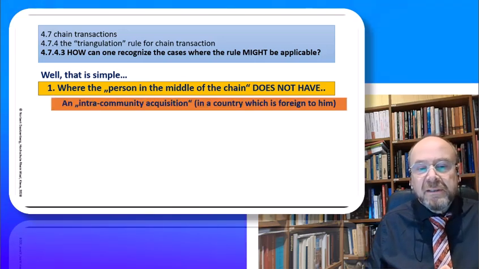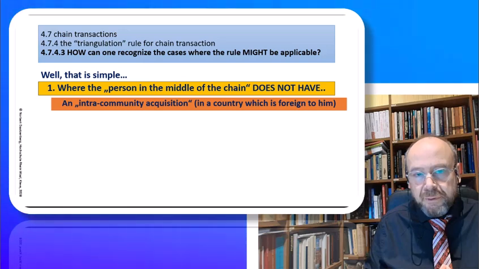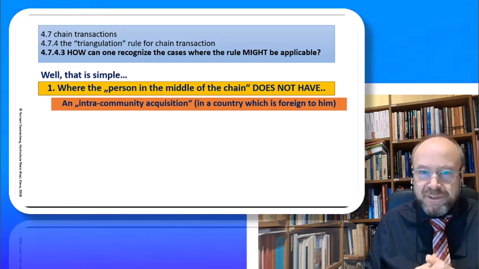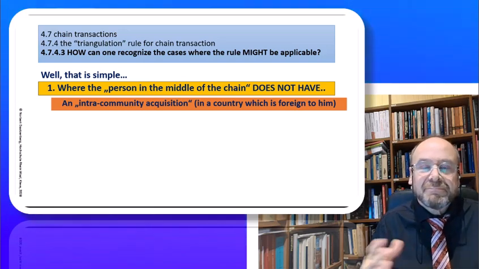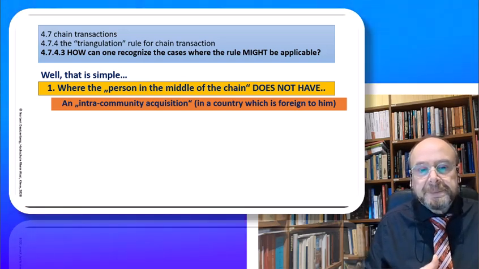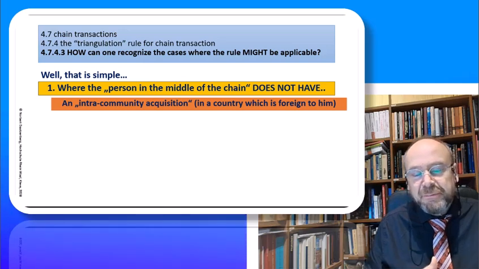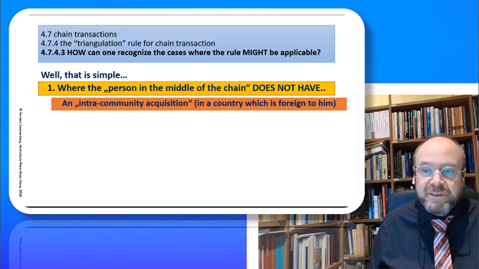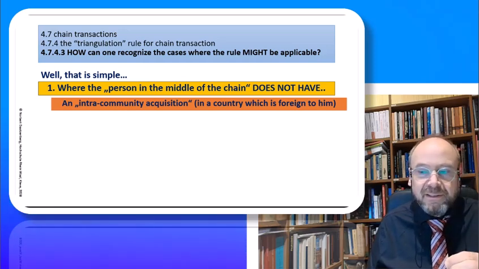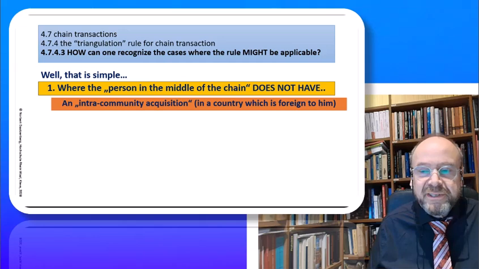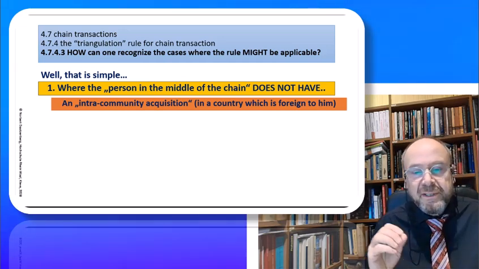Where the person in the middle of the chain has no intra-community acquisition, you can immediately see that the whole idea can't work. Or when he doesn't have an intra-community acquisition in a country which is foreign to him, then he doesn't need a simplification, because then he already hands in a tax declaration there. But back to the roots.